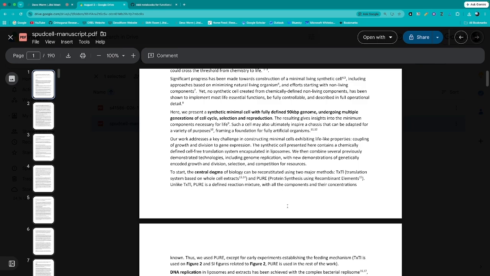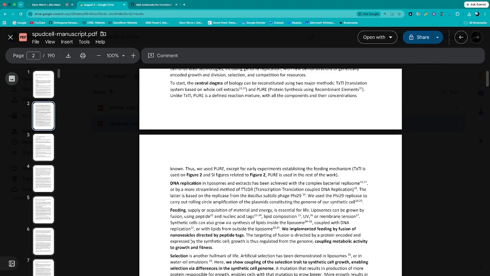So this is what they're producing in this system, because they want to be able to control translation and transcription. So unlike TXTL, PURE is a defined reaction mixture with all the components and their concentrations known. So we want to be able to know what those concentrations are. Thus, we used PURE, except for early experiments establishing the feeding mechanism.